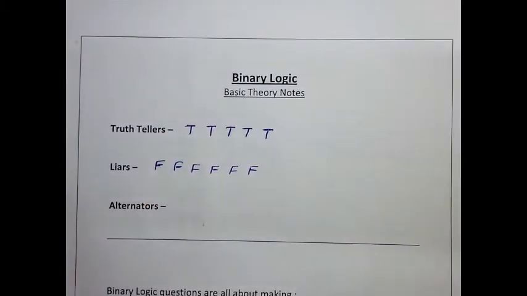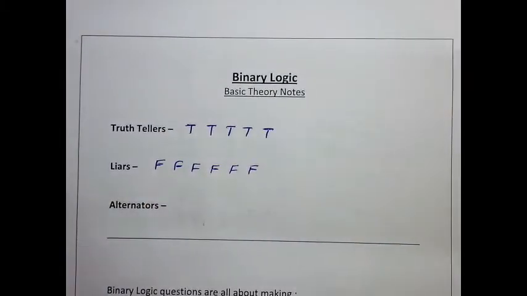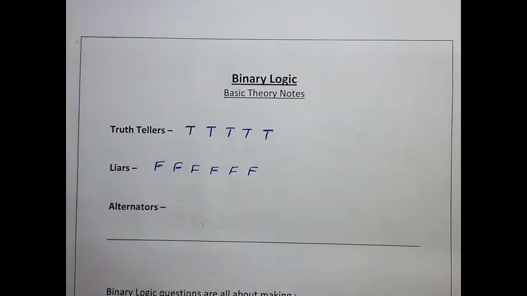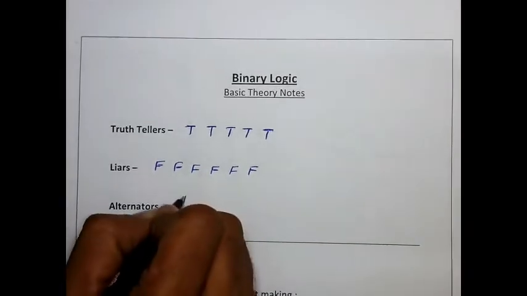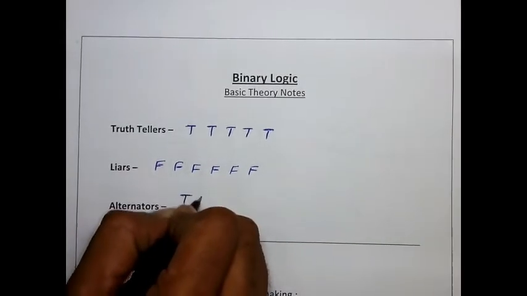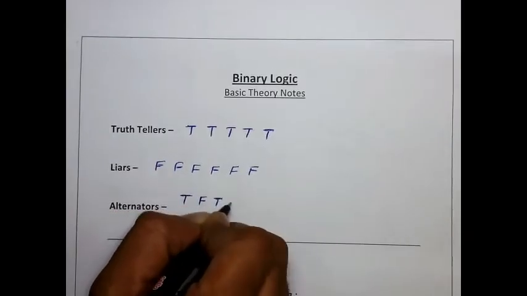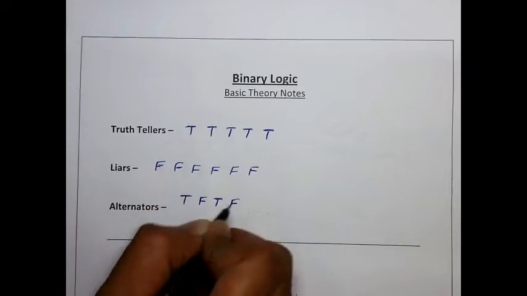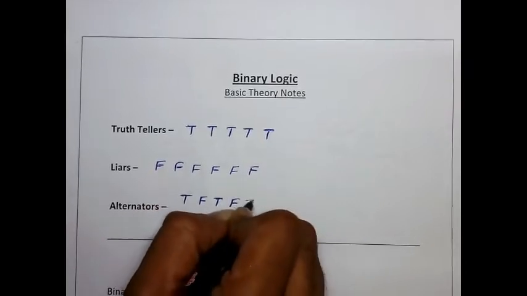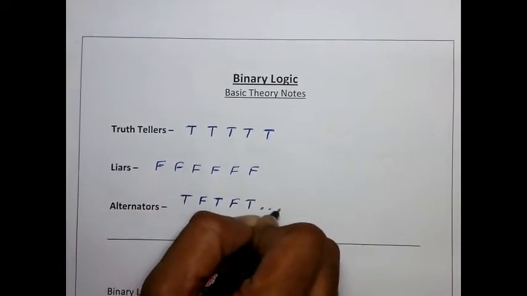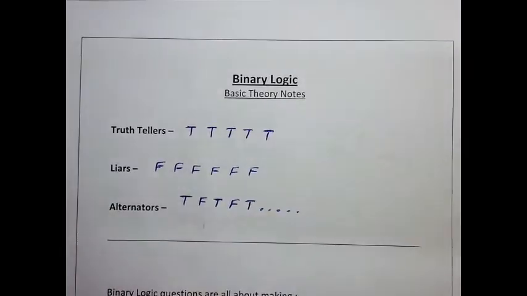Now, who is an alternator? An alternator is a person who is also free to make n number of statements. If the first statement made by an alternator is true, the second statement is considered to be false, the third statement is true, the fourth statement is false, the fifth one will be true, and this pattern continues.